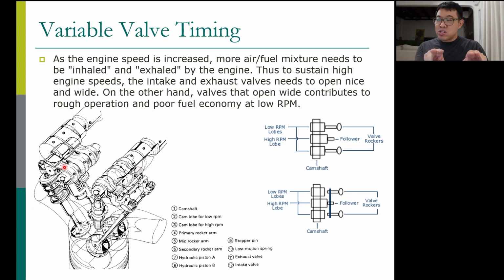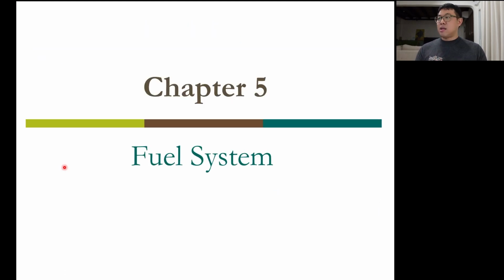During low speed they use the small rocker arms. During high speed they use the big rocker arm. So that's the concept, but different companies have different mechanisms for variable valve timing. Okay, so that's it for this chapter.